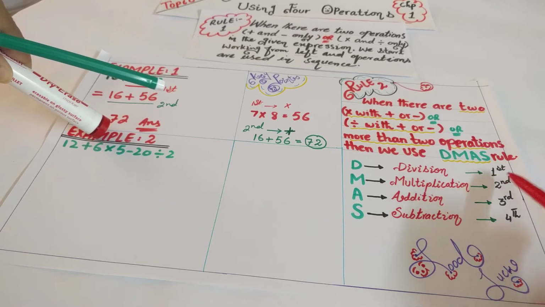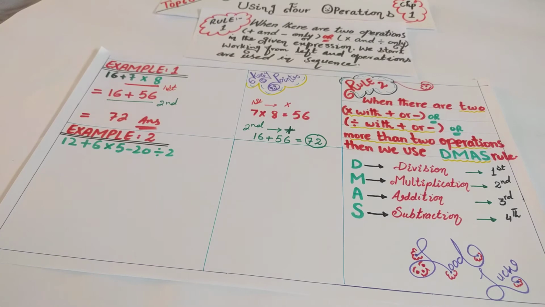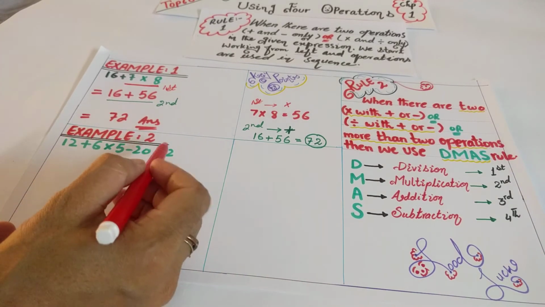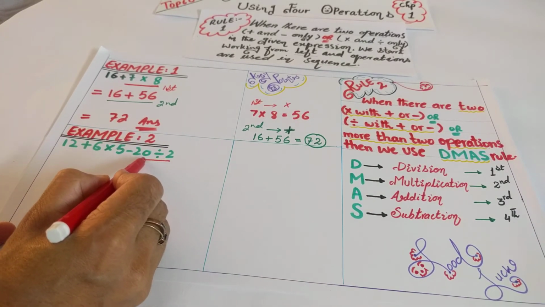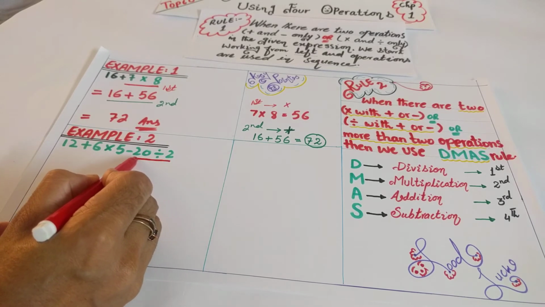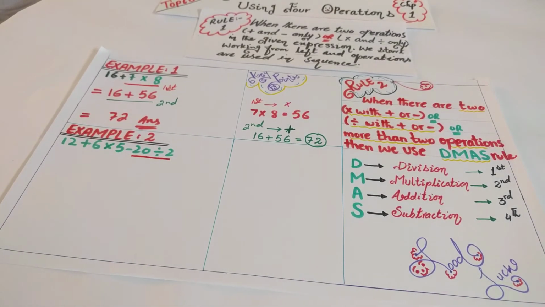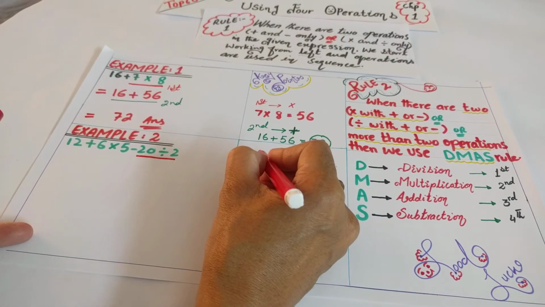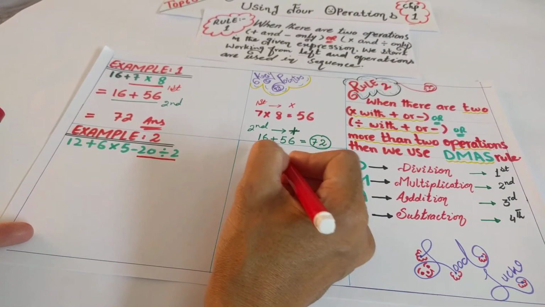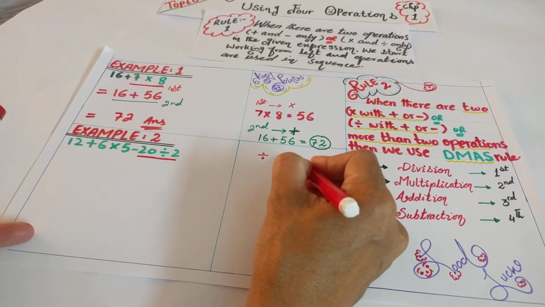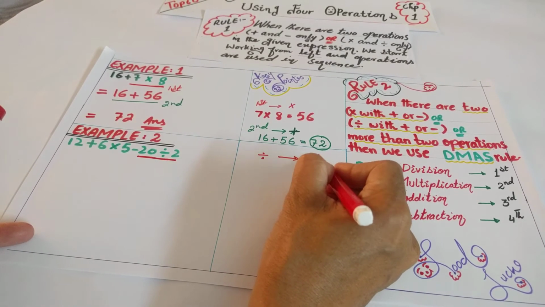What is the first one? Division. Where is the division? Firstly you will check, is there any division in your expression? Yes, there is division. So firstly we will solve the division. Let's start.